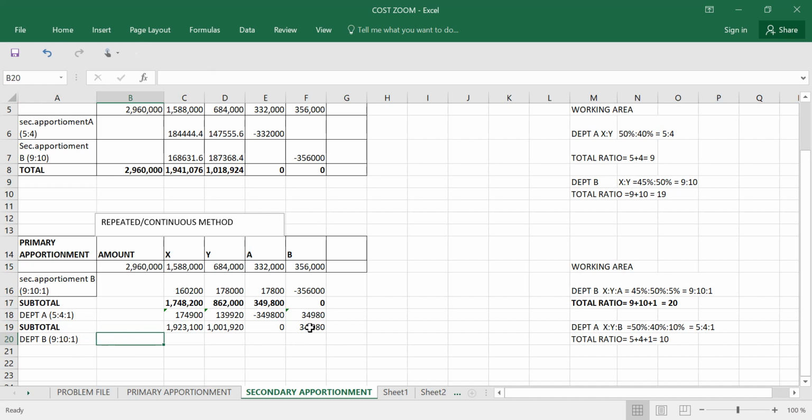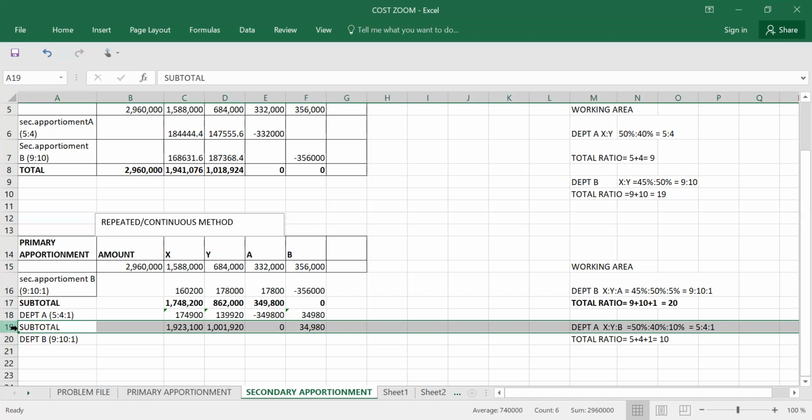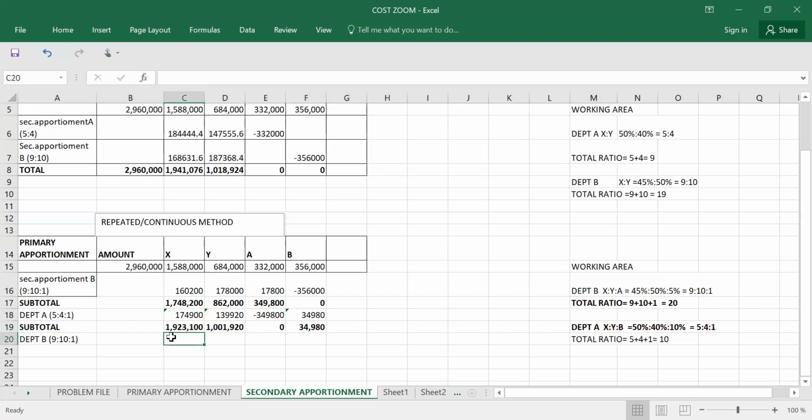Okay, now this one becomes negative because it is going to be distributed, right? So if it is going to be distributed, we are distributing this throughout. Actually, again, let me copy this. So that is the figure we are going to distribute. Now doing the same, I'm not going back here.